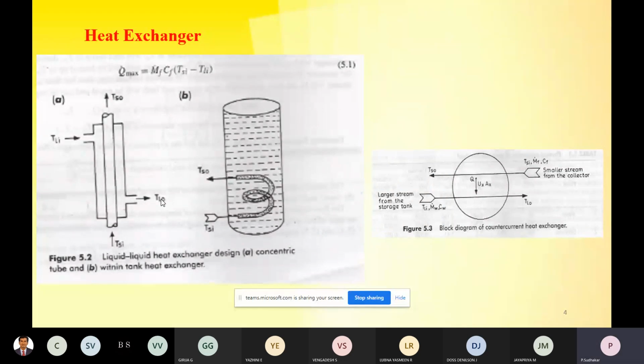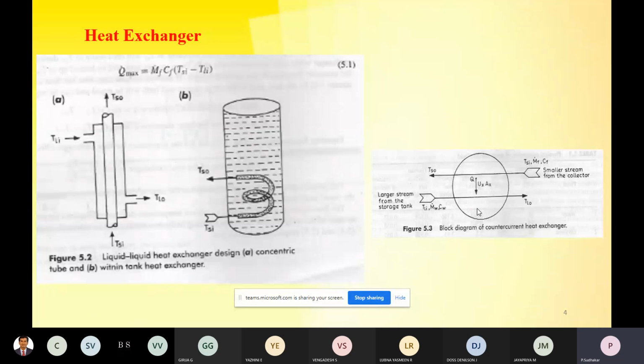Here you can see the block diagram of the counterflow heat exchanger, where a smaller stream comes here and loses its heat, and this larger stream gains the heat and goes out. So here the temperature will be less, and here the temperature also will be less with respect to the respective inlet temperatures. So what is m dot f?